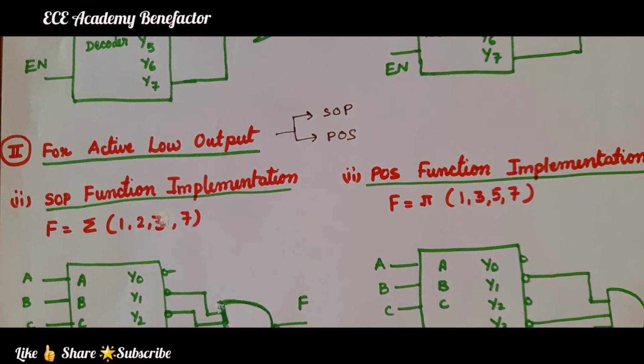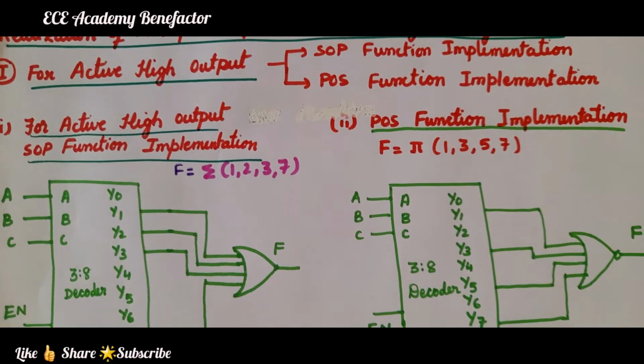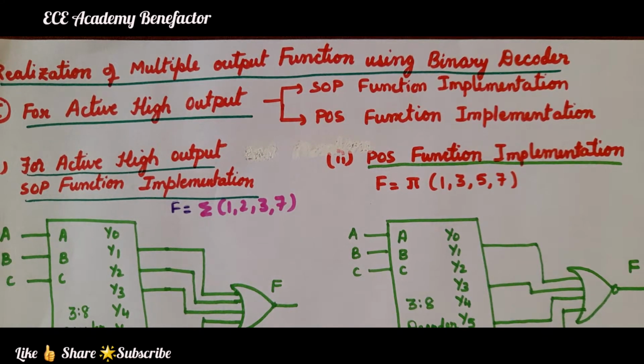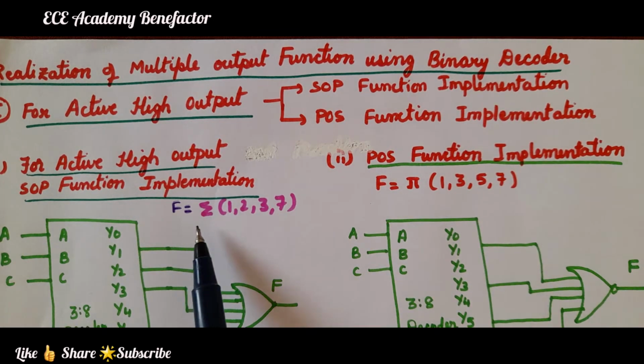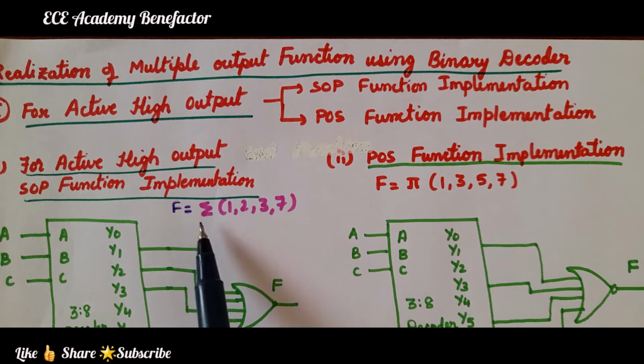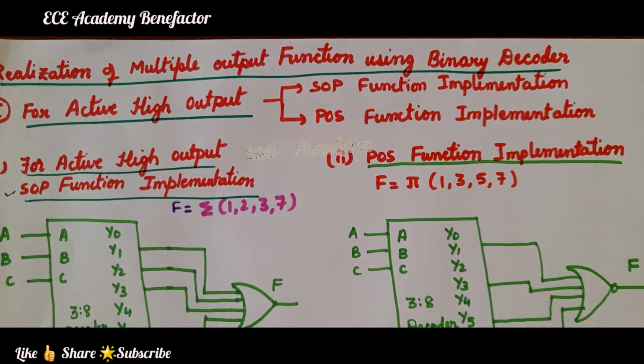Let us see now active high output for SOP function. How do we know the function is SOP or POS? If the function is given as f is equal to summation of 1, 2, 3, 7, summation means list of minterms, and list of minterms means it is a SOP function.